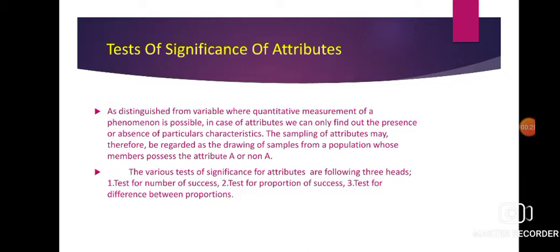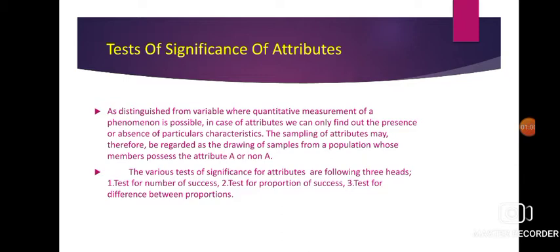The sampling of attributes may therefore be regarded as the drawing of samples from a population whose members possess the attributes A or non-A. For example, in the study of attribute literacy, a sample may be taken and people classified as literates and illiterates. With such data, the binomial type of problem may be formed.